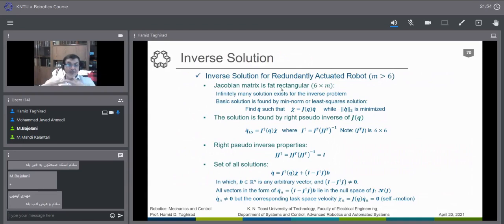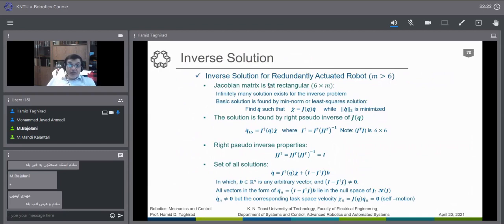It is somehow fat rectangular. The number of columns is more than 6. If you have only 1 extra degree of freedom, we have 1 more column. And if you have more redundancy degrees, then we have more columns in the fat rectangular matrix. How can we find the solution?